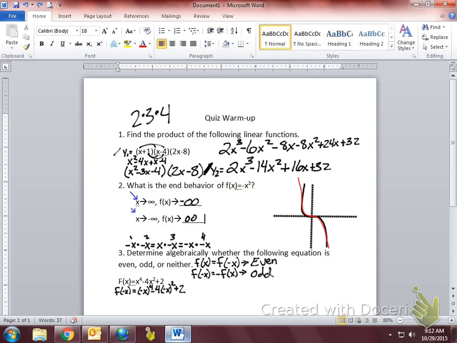There's my fourth negative x. So negative times negative is what? Positive. Okay. Anytime you're raising a negative value, negative x, to an even power, it's always going to give you positive x. Anytime you're raising it to an odd power, it's going to give you negative x. Okay?